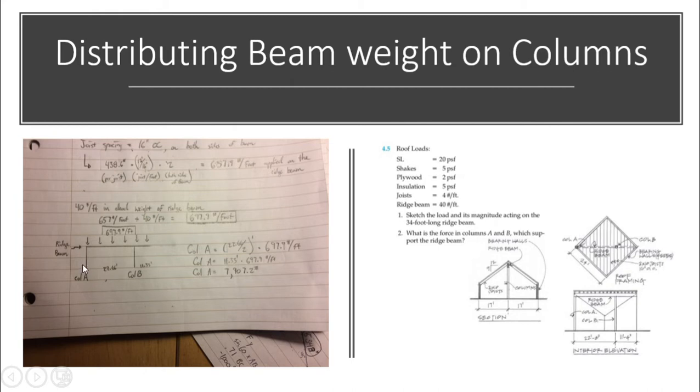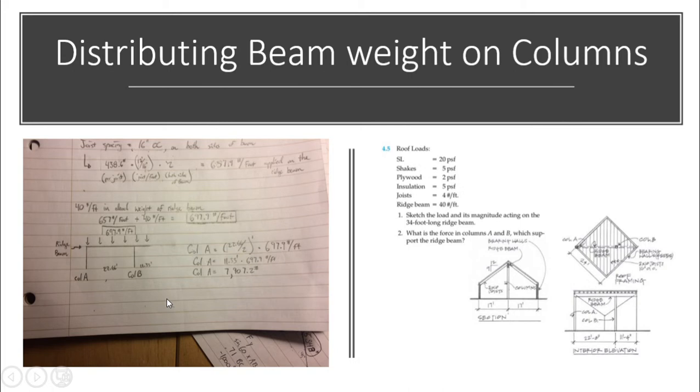This is half the distance between column A and column B. So we've taken this 22.66, the total distance, divided it by 2, so 11.33, and multiplied it by the 697.9 pounds per linear foot weight of the ridge beam. This comes up with a weight of 7,907.2 pounds applied from the weight of the ridge beam on column A.